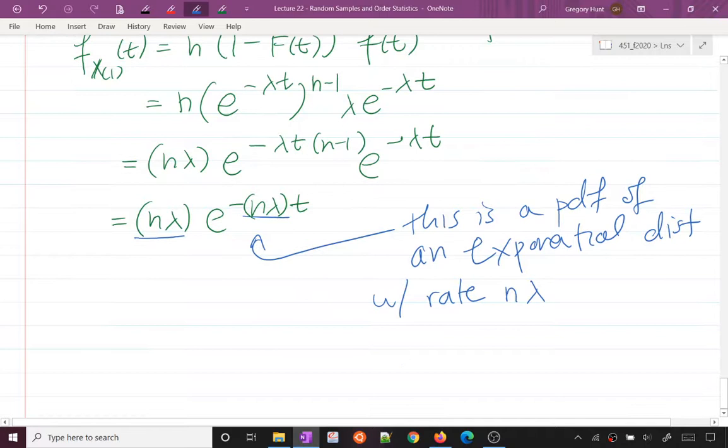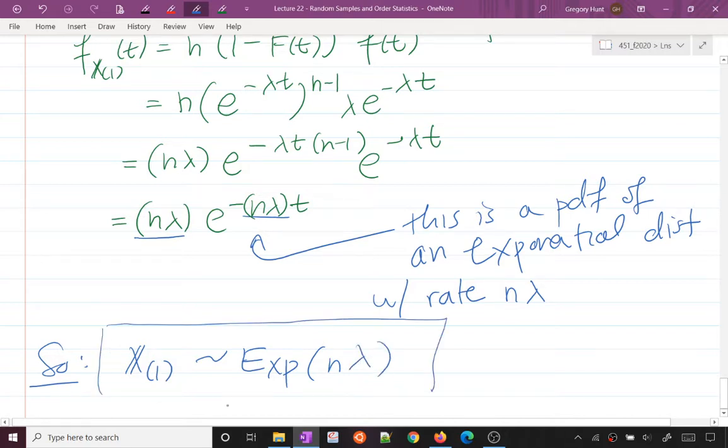And so the punchline here is that the minimum of my exponentials has another exponential distribution, but instead of parameter lambda, it has a parameter n lambda. And so that's a cute little fact.